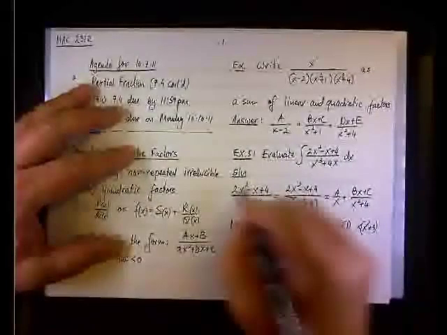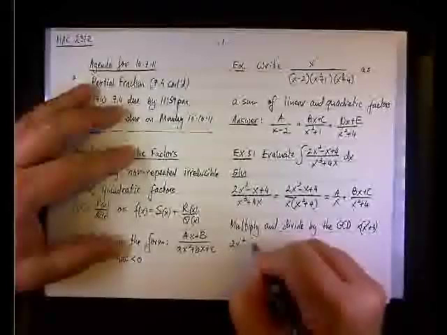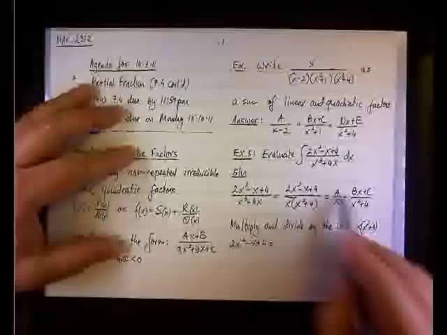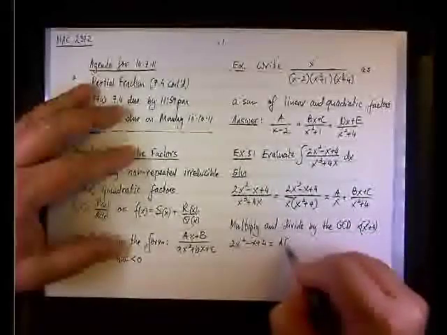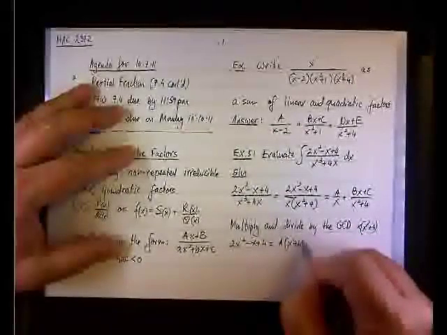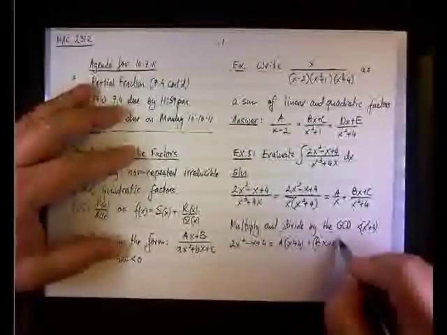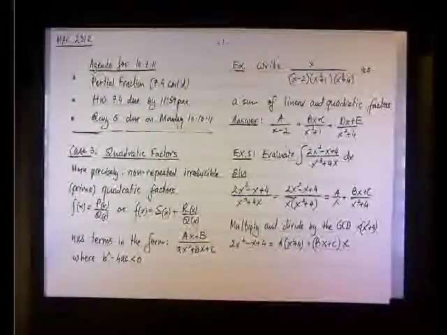On the left side, we'll have simply 2x squared minus x plus 4. On the right side, A will be multiplied by x squared plus 4, and bx plus c will be multiplied by x. Okay? And we compare coefficients now.